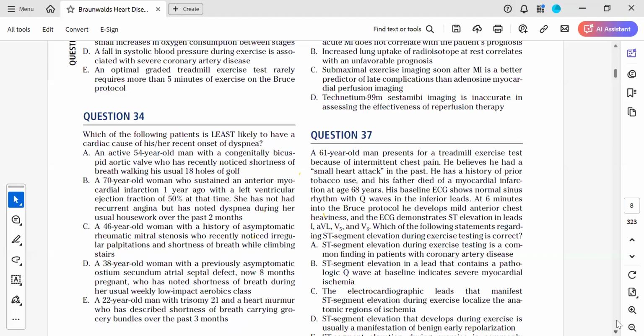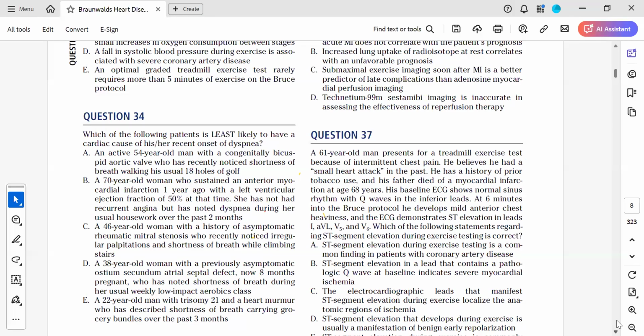He has recently noticed shortness of breath while walking his usual 18 holes of golf. So it is assumed the man is a regular golf player, and he recently started noticing dyspnea on exertion, something he was doing before without trouble.